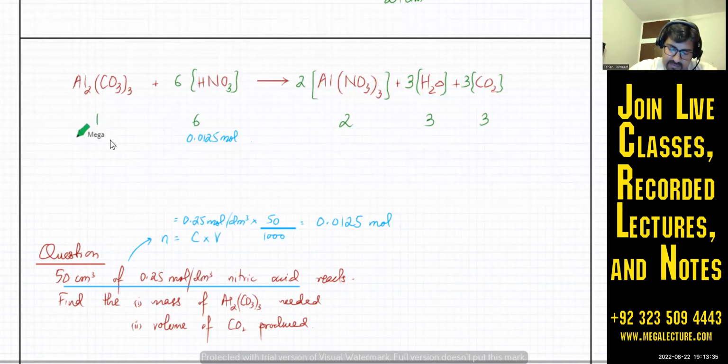So calculate this, what are you getting? 0.0125 divided by 6 times 1. And for this one, it would be 0.0125 divided by 6 times 2, right?